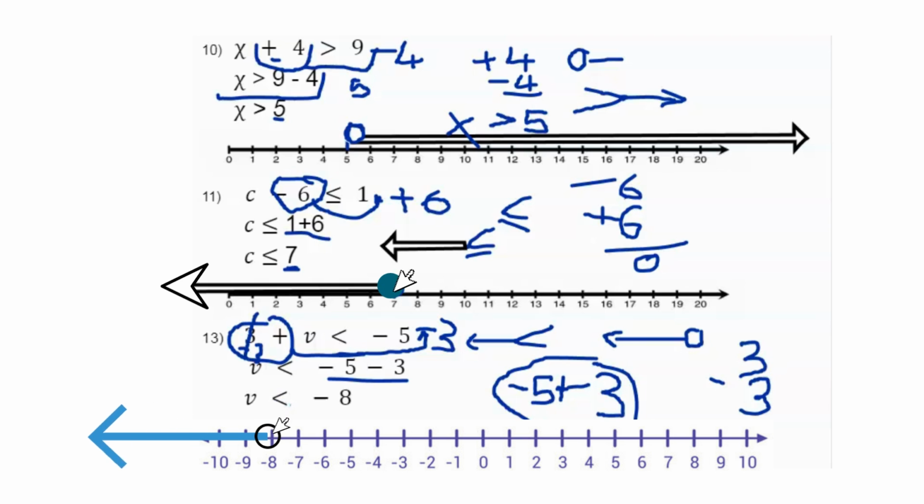It doesn't have equal to, so this is going to be an open circle. I call it a circle. So we're going all the way to infinity. We're going to draw the open circle, and that's it.